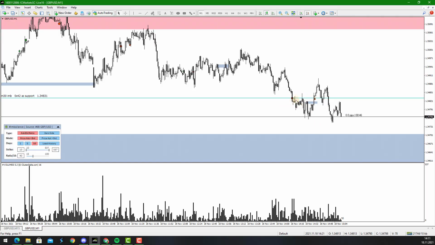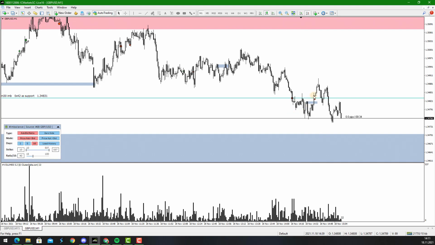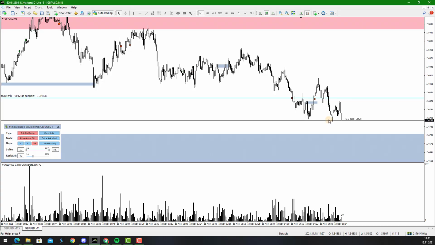But this was for me an invitation to join the sellers, yes, for a 1 to 4 trade, as here to here, exactly 12 pips to 1 to 4. And then price suddenly came back up for a further drop.